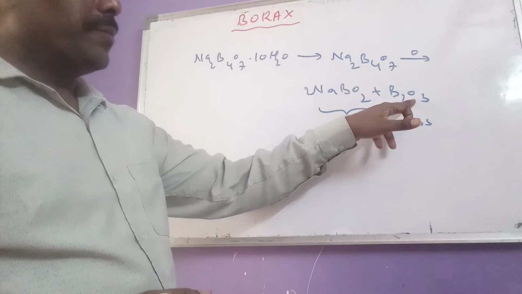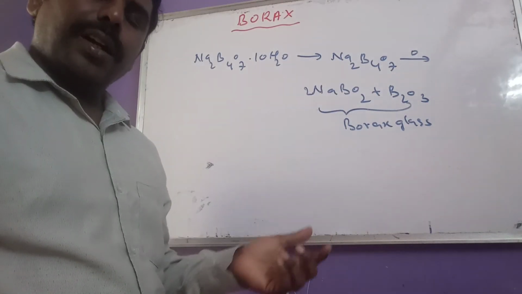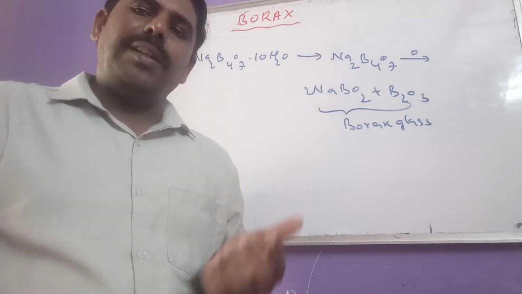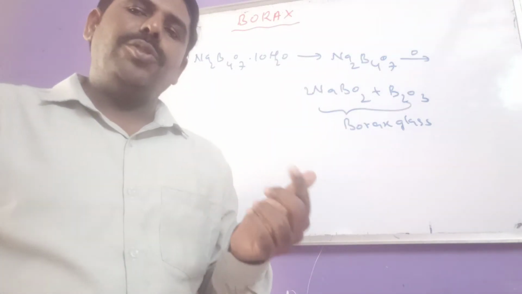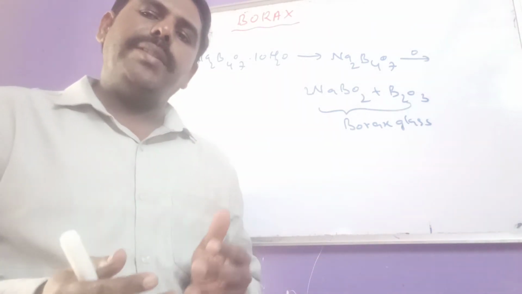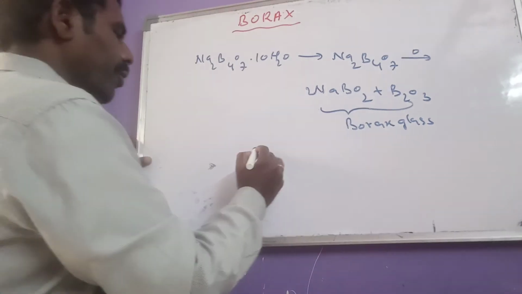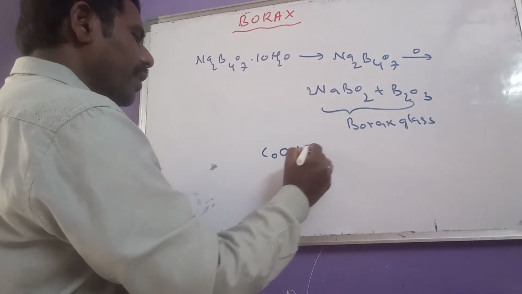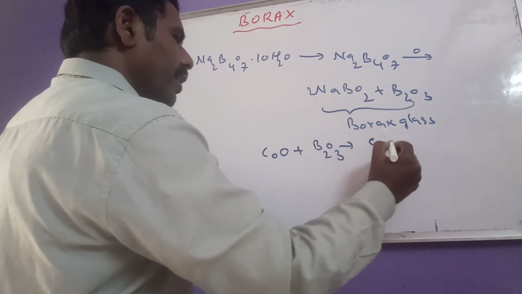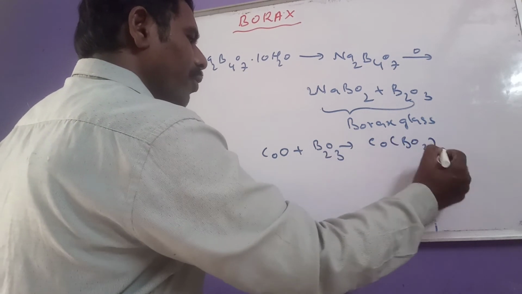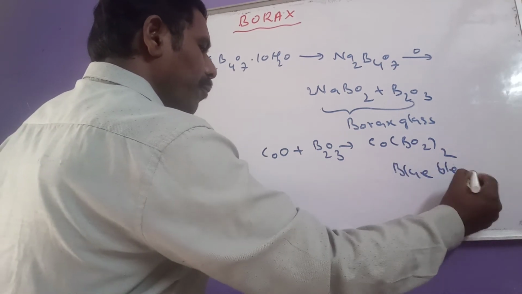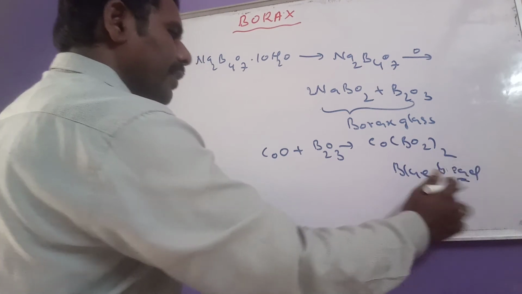Now this B2O3, boron trioxide or boric anhydride, reacts with metal oxides and produces colored beads. This is used to identify the basic radicals. For example, CoO, cobalt oxide, when it reacts with B2O3, gives Co(BO2)2, cobalt metaborate, a blue colored bead.